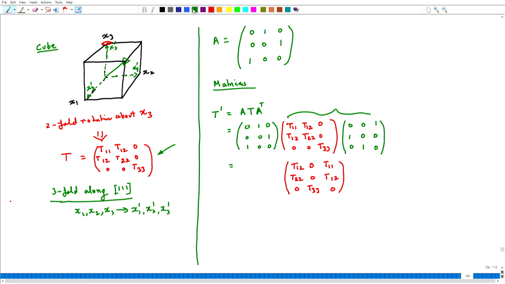And also I have the direction cosine matrix 0 1 0, 0 0 1, 1 0 0.